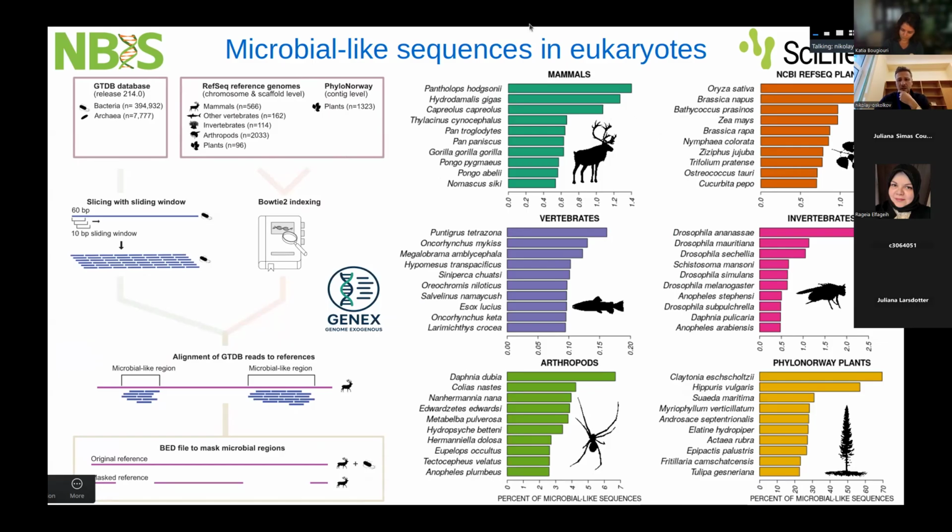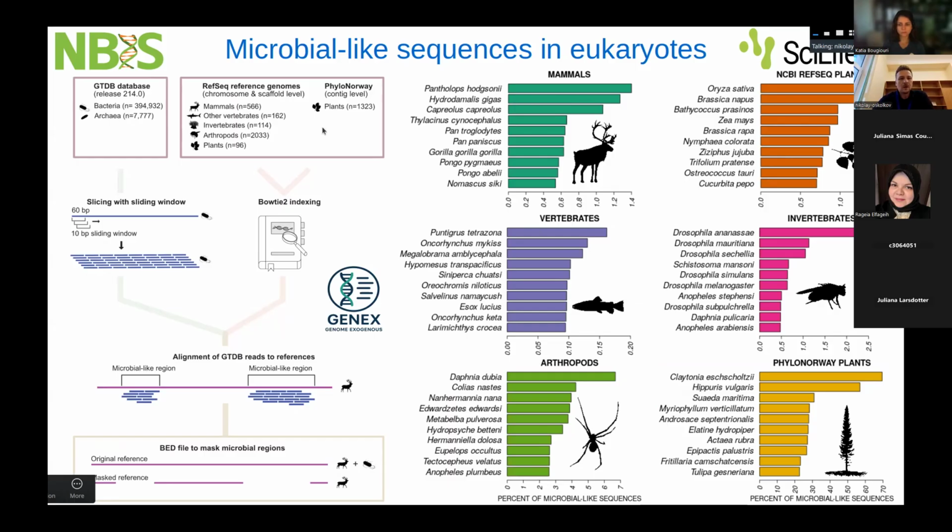And we ranked all these mammalian, invertebrate and plant organisms by their percentage of microbial-like sequences. And overall, the picture is not bad, since the majority of our reference genomes were NCBI RefSeq references, so they're quite well curated.